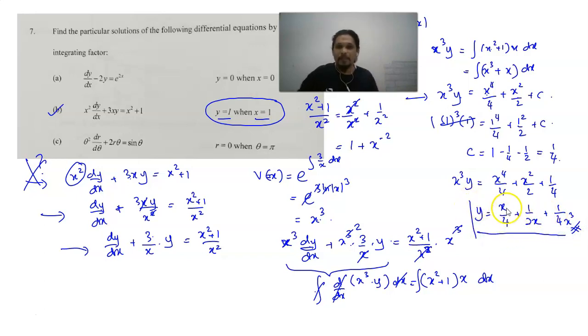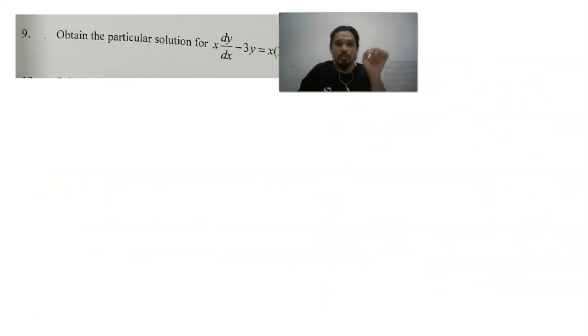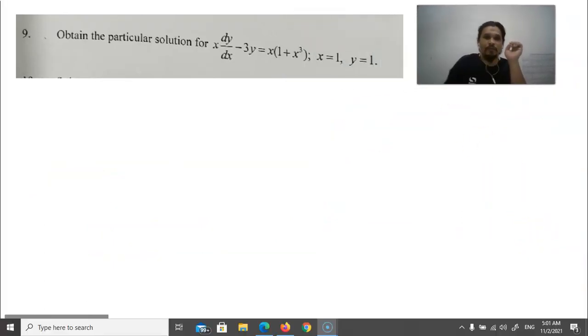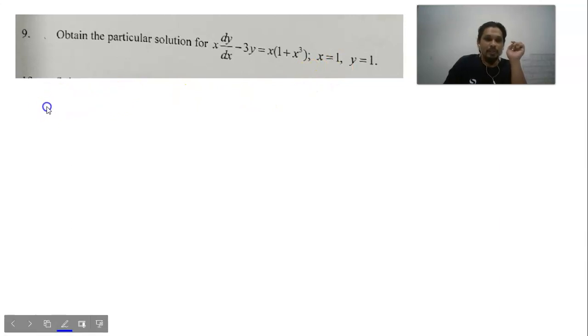Okay, this one here now. The last question for this video: x dy/dx minus 3y equals x times (1 plus x cubed). Again, this equation is not in the general form for an integrating factor because the coefficient of dy/dx is not equal to 1.